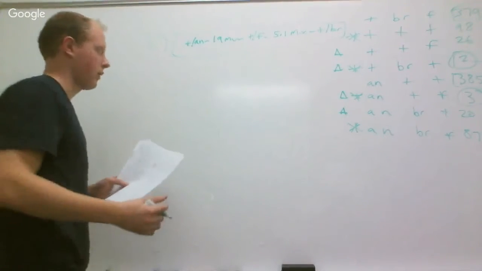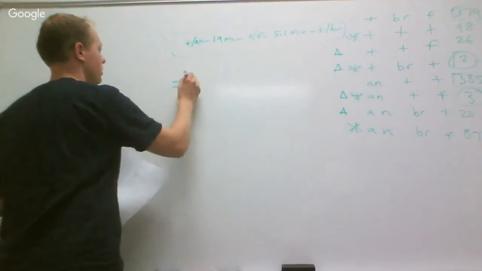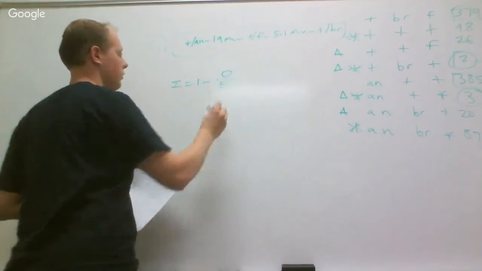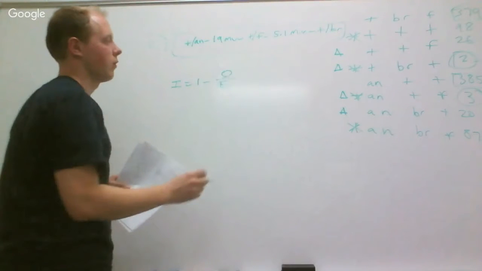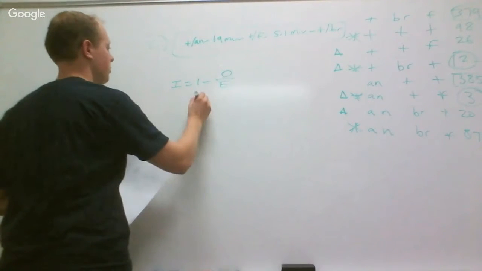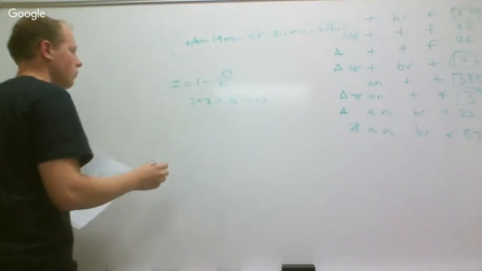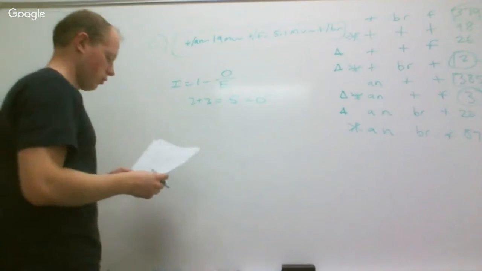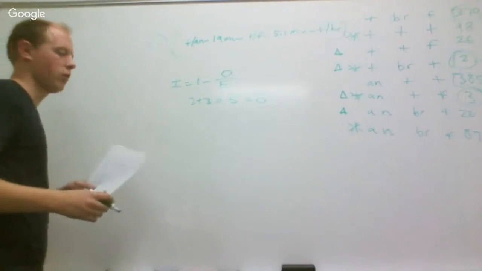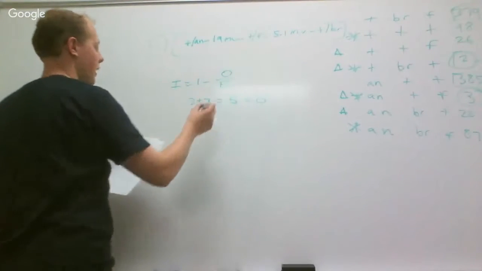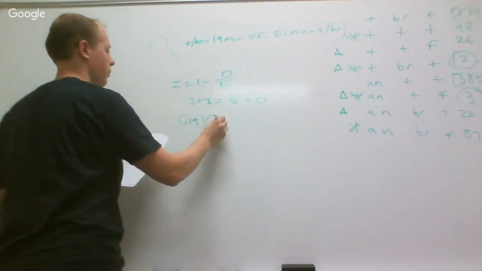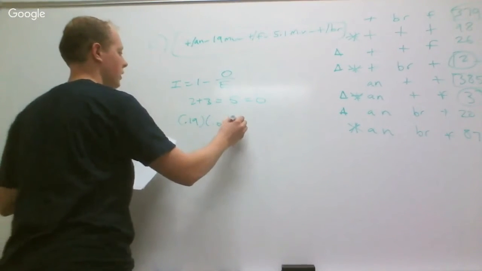Finally, we'll figure out the interference, which equals 1 minus the observed over the expected. So our observed for the double crossovers is 2 plus 3, which equals 5. And the expected, we'll use the decimal form of the distances we got in our map: 0.19 multiplied by 0.051.